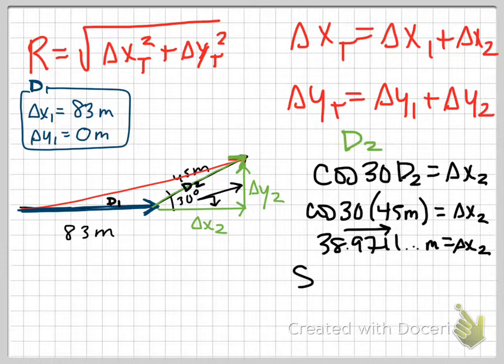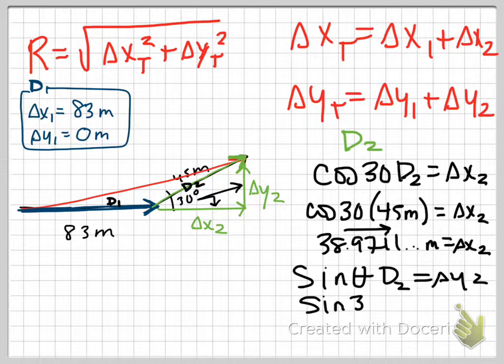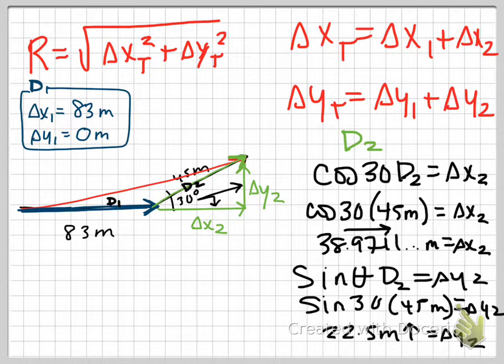Okay, now I know that sine theta times d2 is going to give me delta y2. So sine of 30 times 45 meters equals delta y2. So I get a raw value, and it's nice, it's neat, 22.5 meters. And note that I put that little arrow in there to remind myself that this is 22.5 meters up.